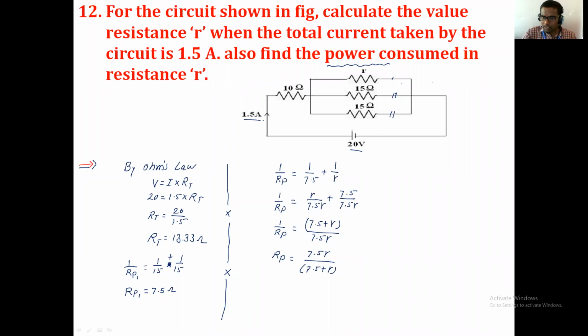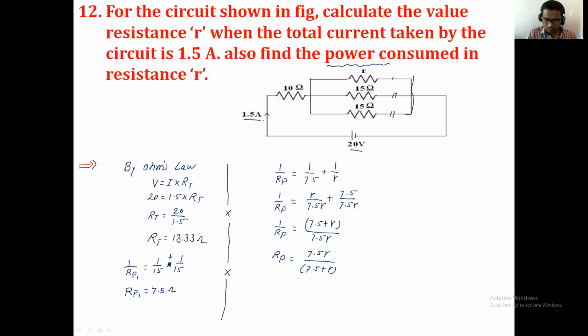Now this Rp is the total resistance of this parallel combination. How is this Rp connected to this 10 ohm resistance? Series.